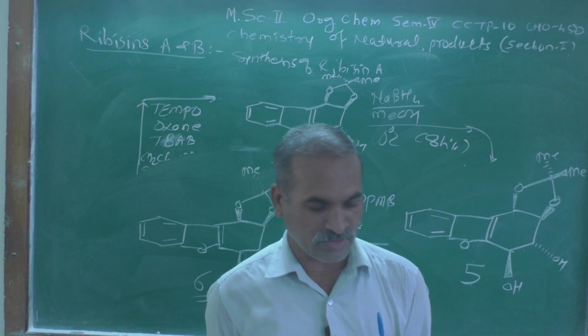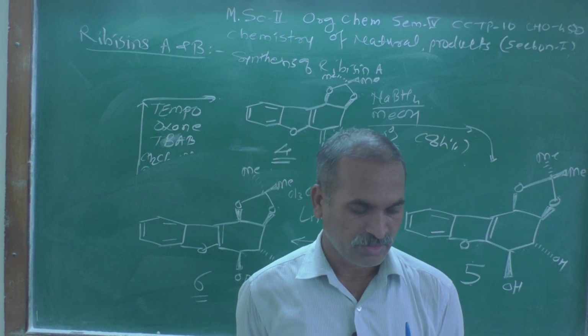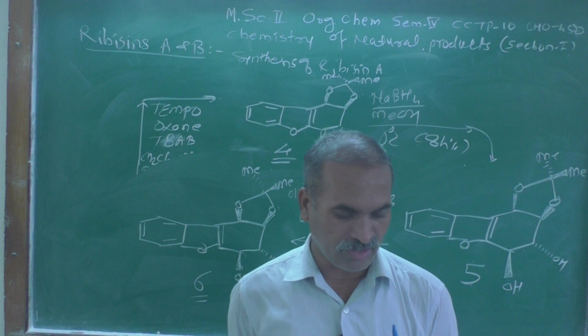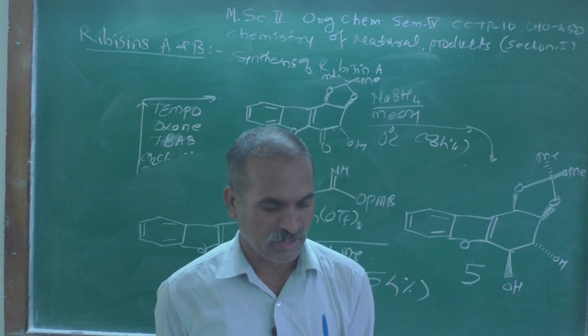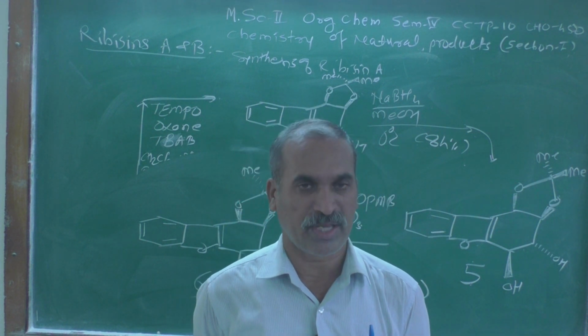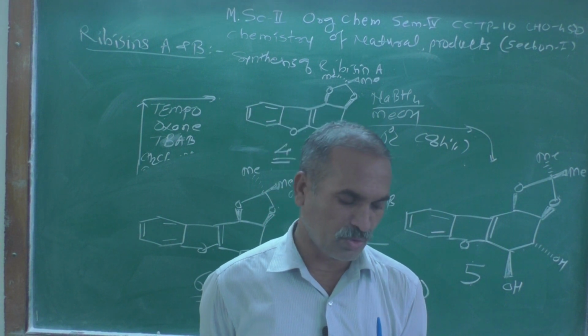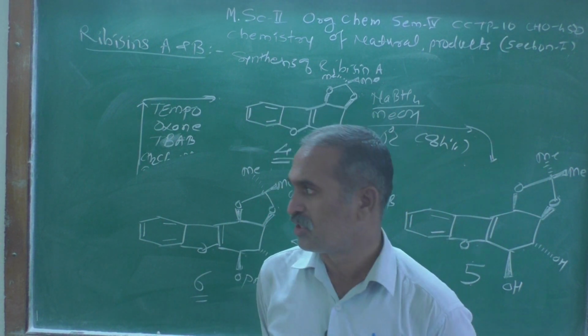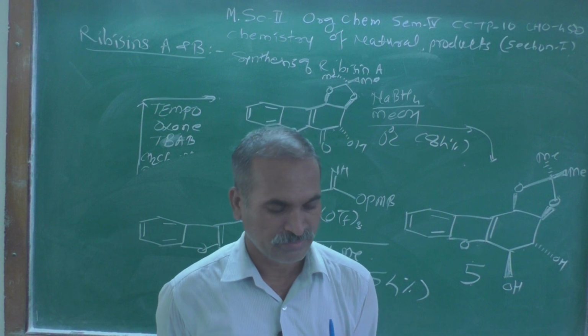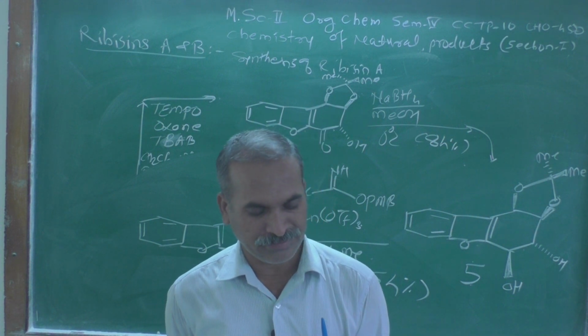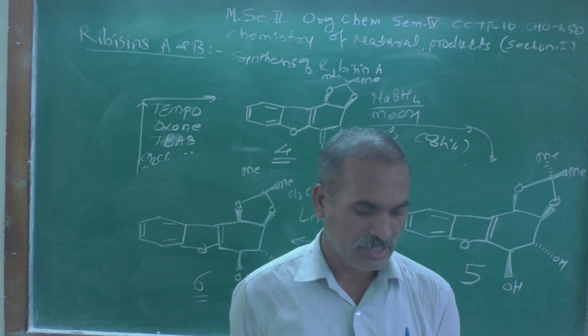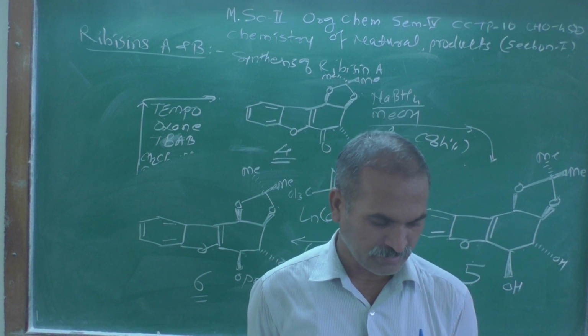And that compound number 3 treated with TEMPO, oxone, TBAB in presence of DCM, dichloromethane, and stored at room temperature, overall yield obtained approximately 86%.